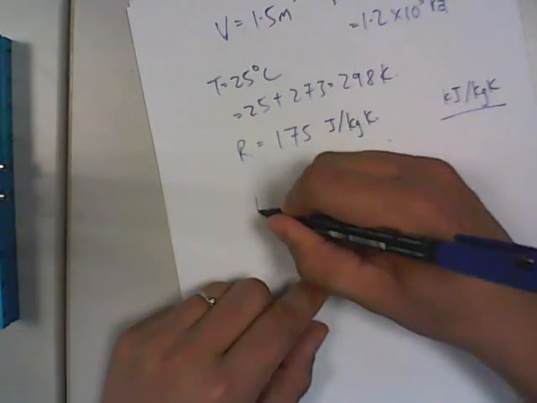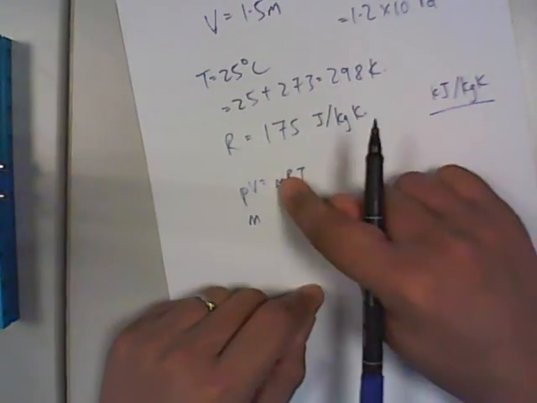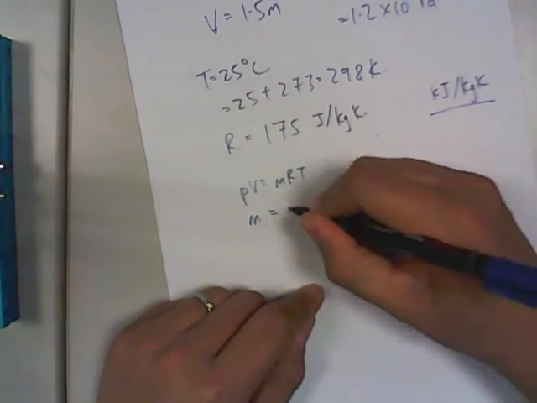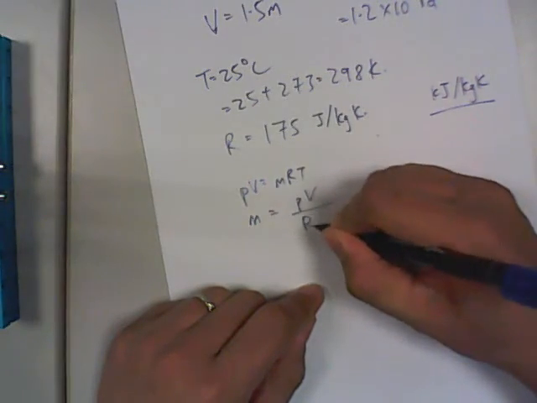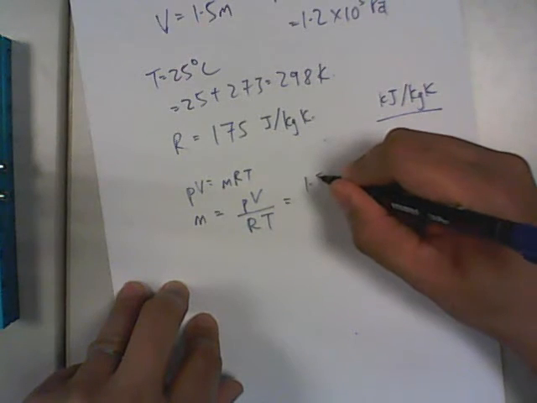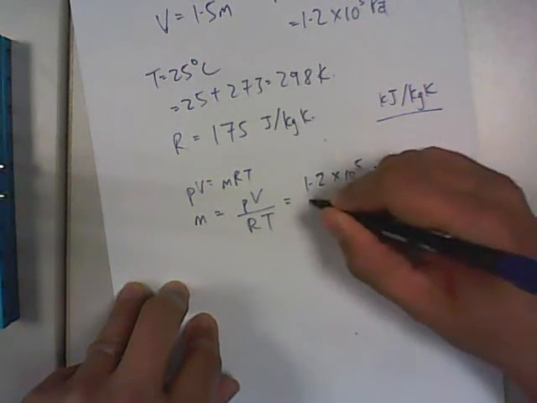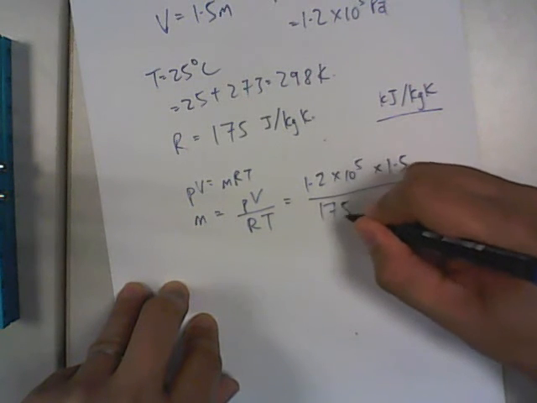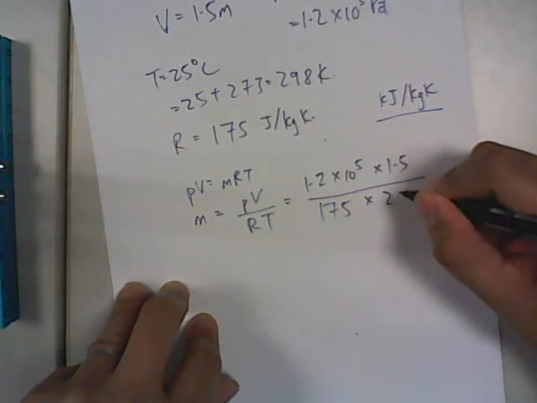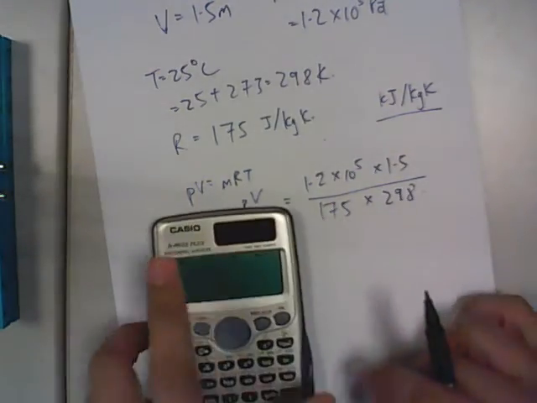So what is the mass? PV equals MRT. Mass, you put one side, R and T you shift over, PV over RT. And you put everything in SI units. 10 to the power of 5 times 1.5 over 175 times 298.